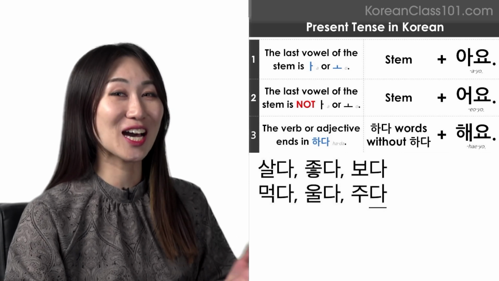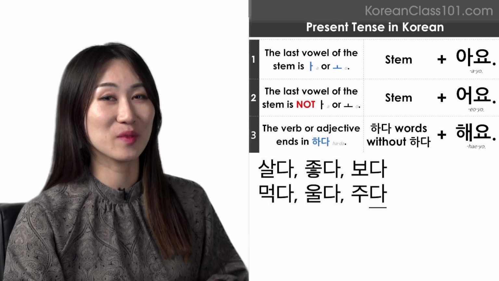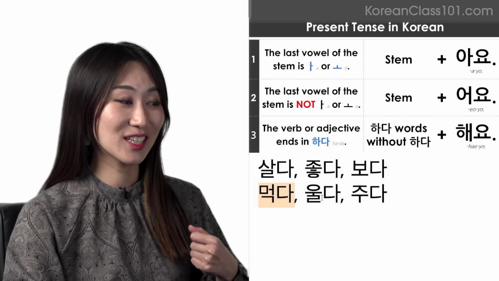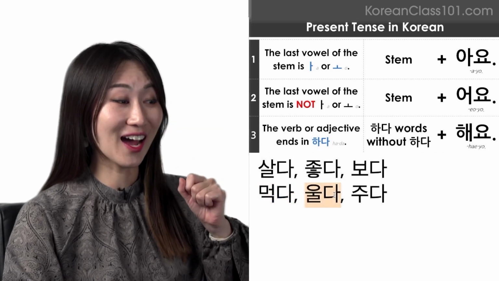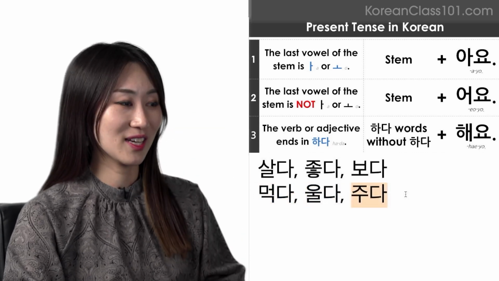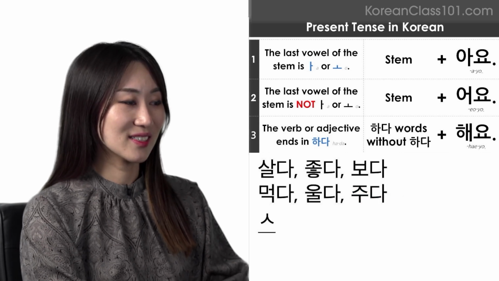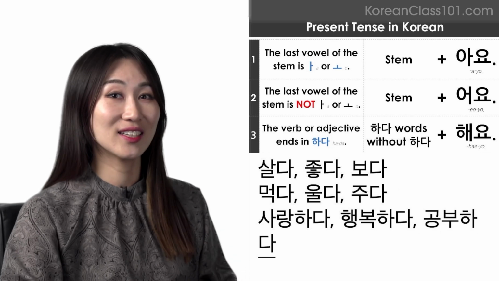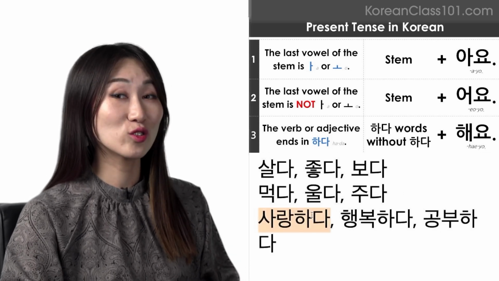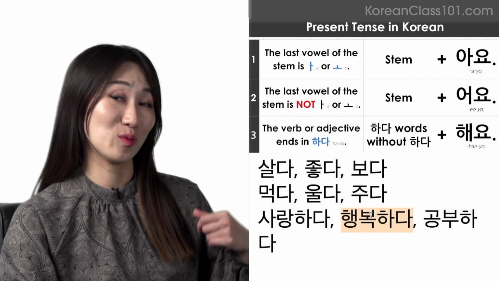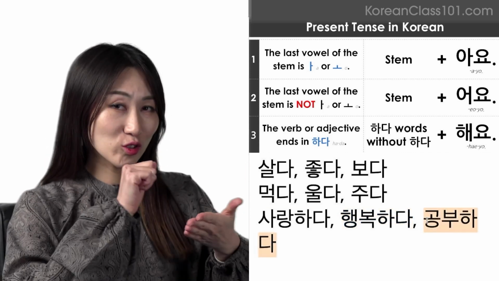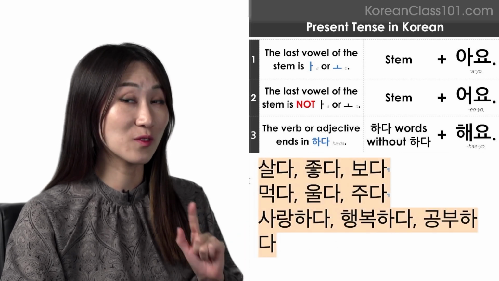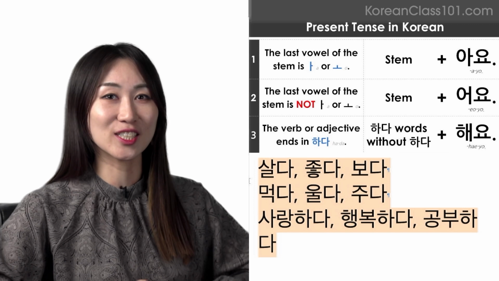I'm preparing lots of verbs and adjectives because I want to practice a lot with you today. 먹다, to eat. 울다, to cry. 주다, to give. And 사랑하다, 행복하다, 공부하다. So 사랑하다, to love. 행복하다, to be happy. 공부하다, to study. So here are some verbs and adjectives for us to practice together.